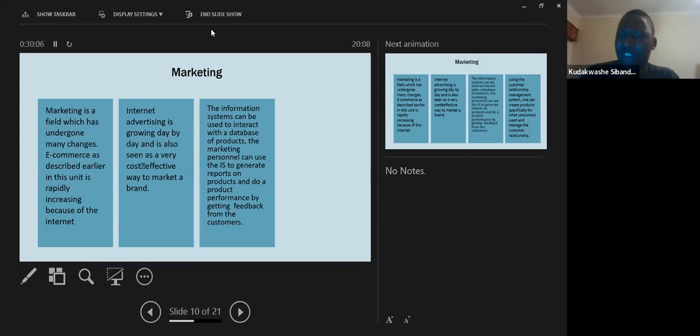For example, you see Airbnb, right? There's a facility where if you go to a certain place and you need accommodation, you don't want to go to a lodge or a hotel. So there is Airbnb. It's more like the Uber of houses, right?